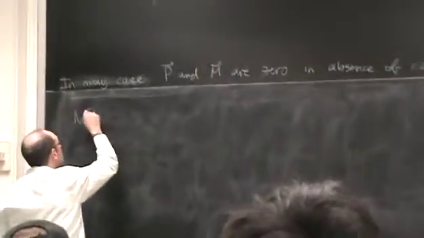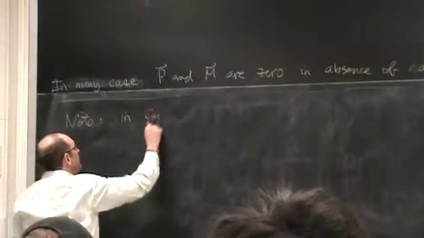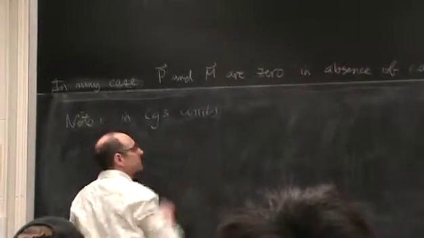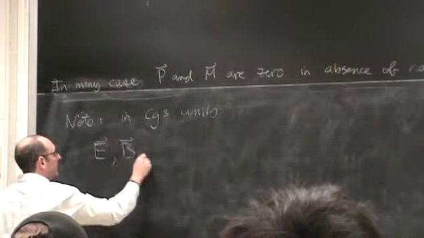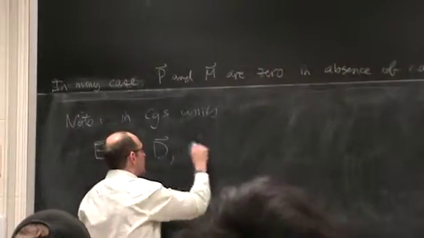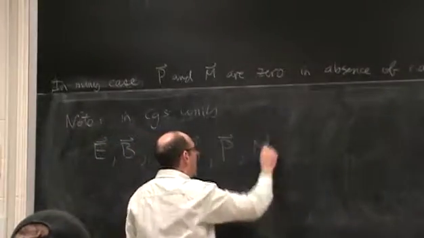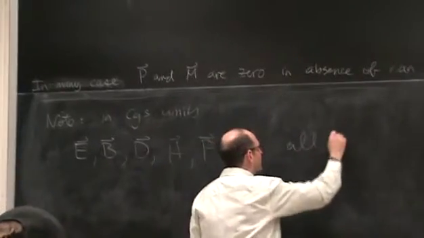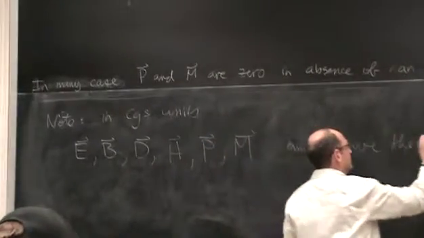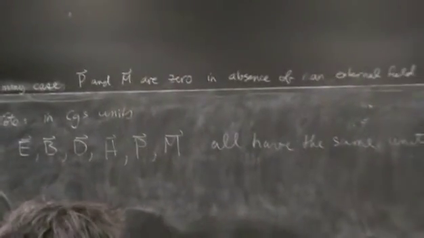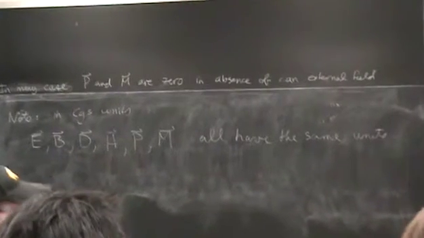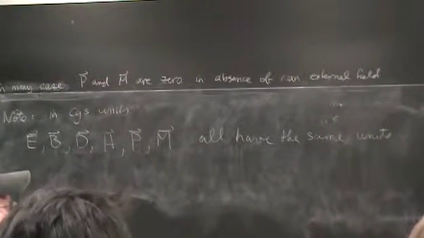So note, in CGS units, E, B, D, H, P, M all have the same units. I mean, we just added them together. They better have the same units. There's no epsilon naught or anything funny like that.